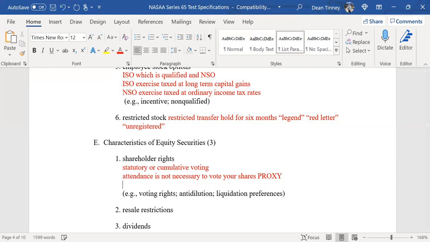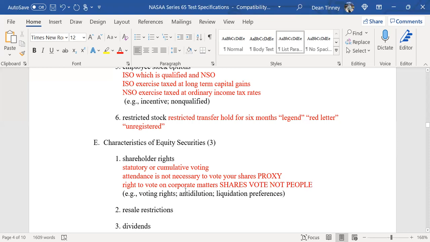Let's just put that, your right to vote on corporate matters. And shares vote, not people. What I'm trying to distinguish there is that if I have 5 million shares and you have 100 shares, I have 5 million votes and you have 100. So shares vote, not people.